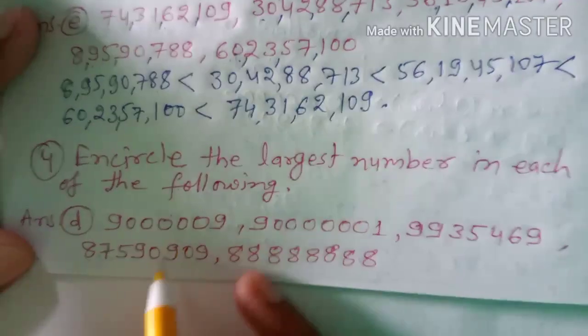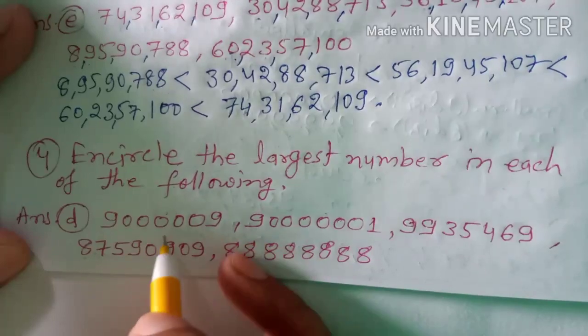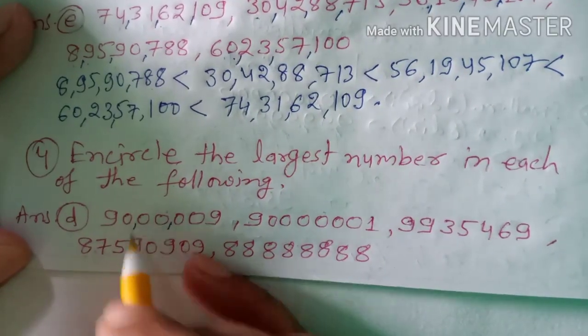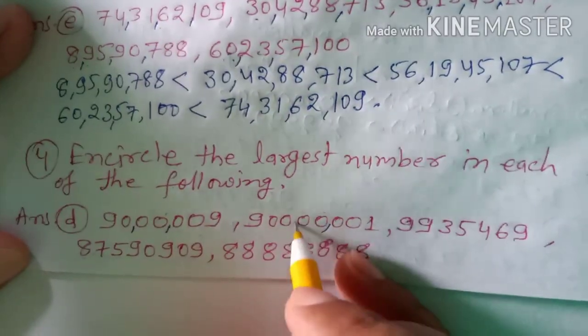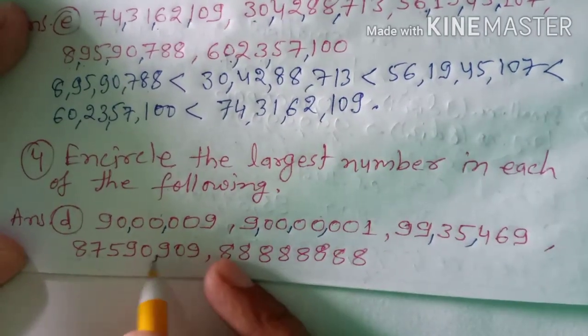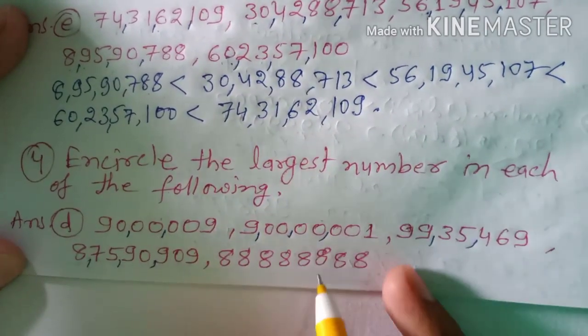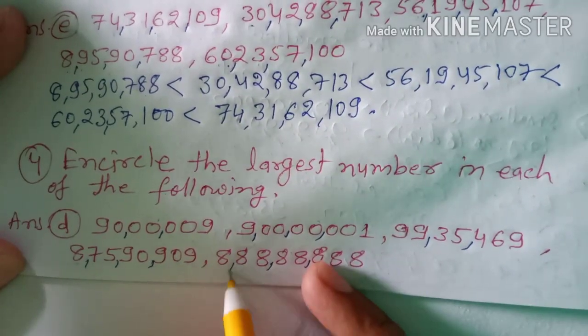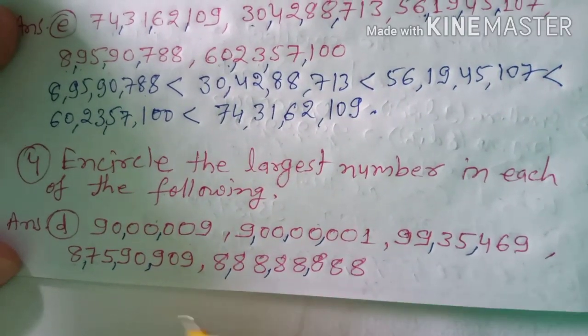So first we understand which number is largest. We will put commas. The process to put commas is the same as I have told you earlier.